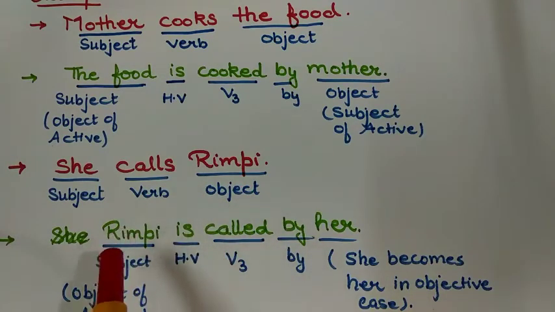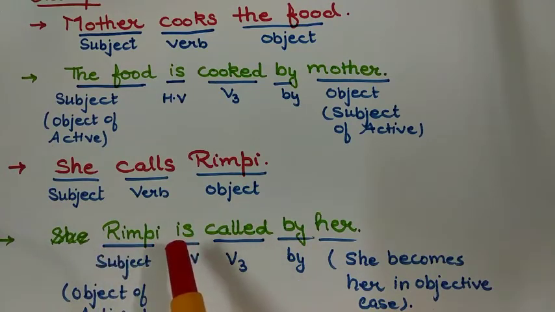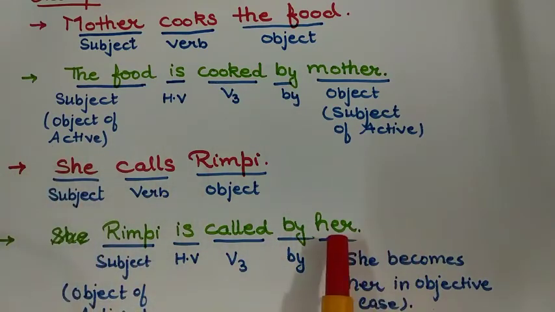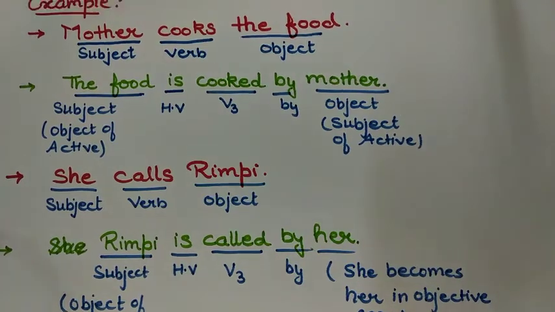Because Rimpy is a singular noun, we are using is as a helping verb. Called is the third form of verb call. By is a part and then her. This she becomes her in objective case. So she calls Rimpy will give you in passive Rimpy is called by her.